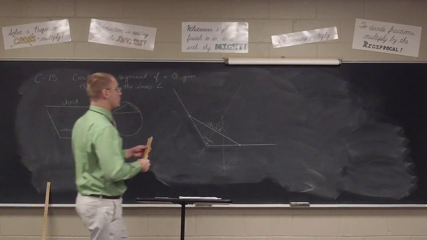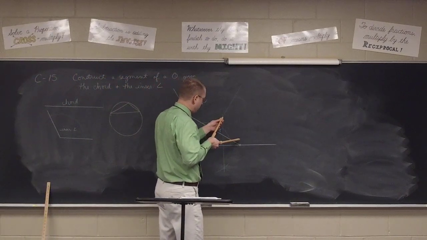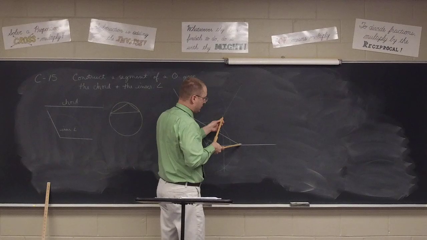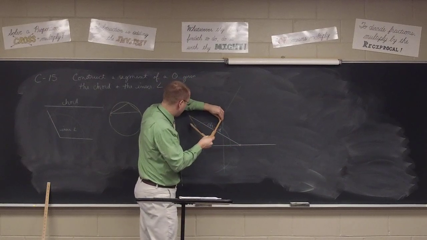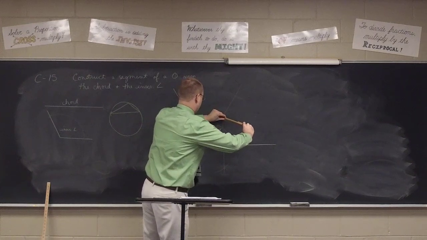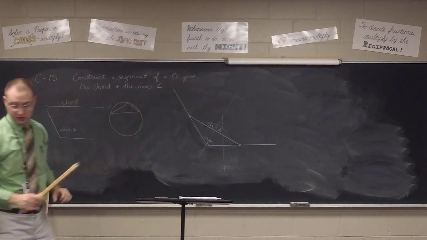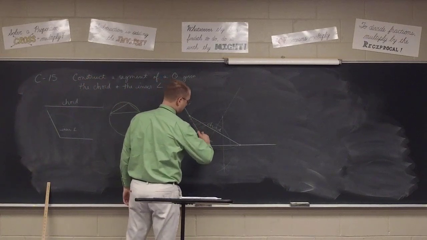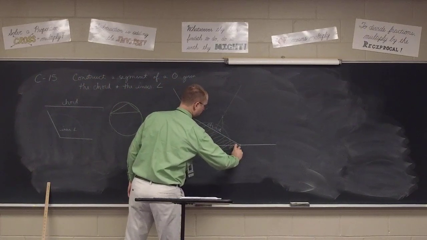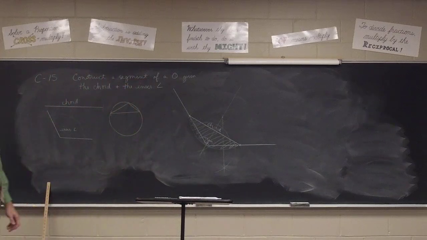Now technically I don't need to draw the whole circle. Just need to measure to one of the vertices, and technically I only need to draw enough of the arc that would pass through the vertices. And so I have now constructed a segment of a circle given a chord and an inscribed angle.